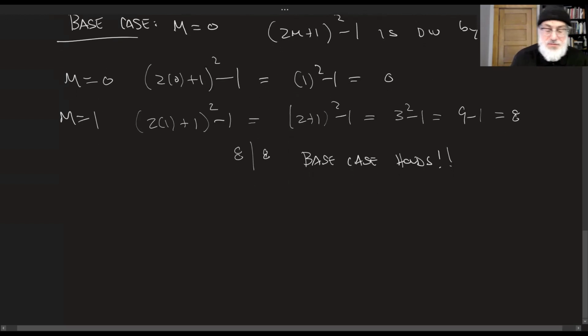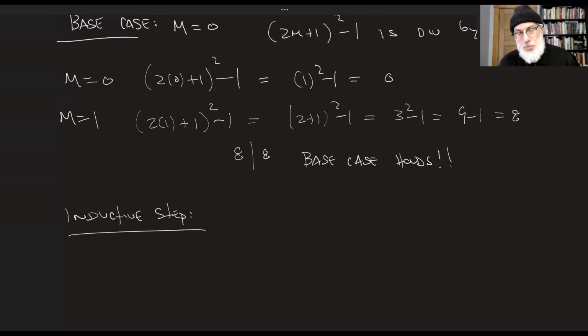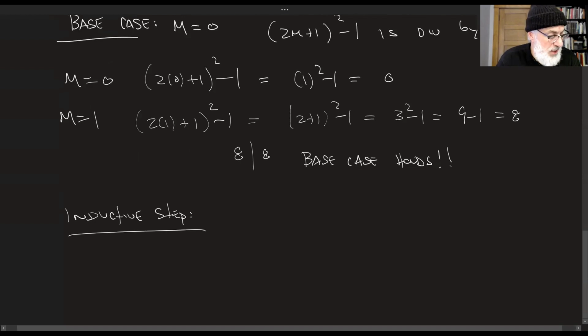Now let's do the inductive step. Here we're going to make an assumption, which we'll call our induction hypothesis. We're going to replace m with k. So what we are assuming is that 2 times k plus 1 squared minus 1 is divisible by 8.